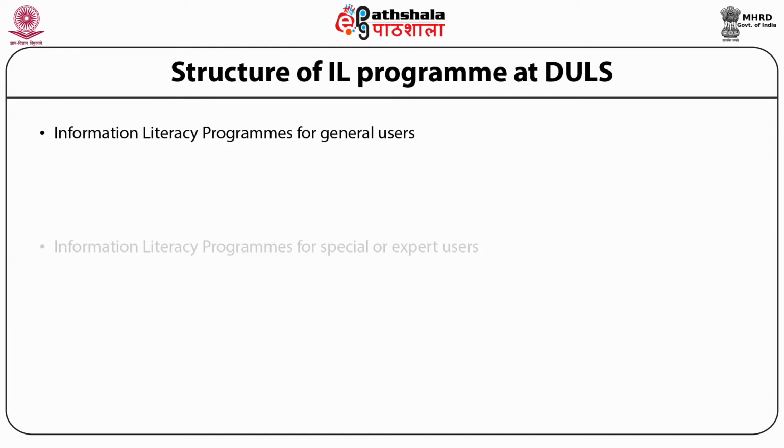The second type of program is specifically meant for special users, keeping in view the objectives of serving postgraduate students, research scholars as well as PhD scholars. This program further has three different segments: one for the PG students, second for the research scholars, and third for the faculty members.